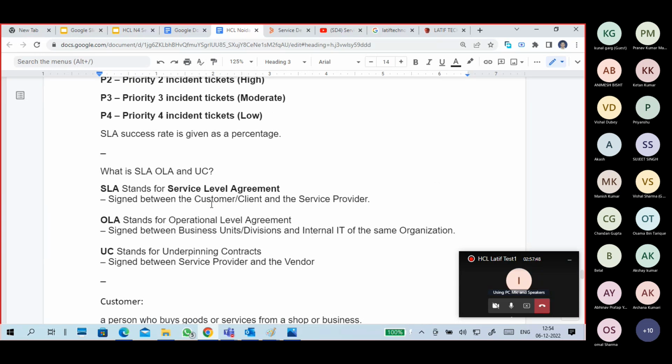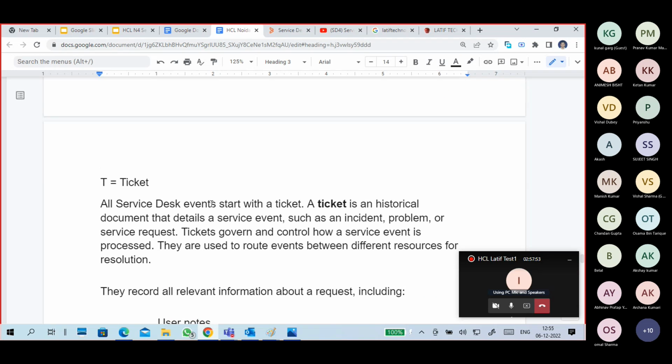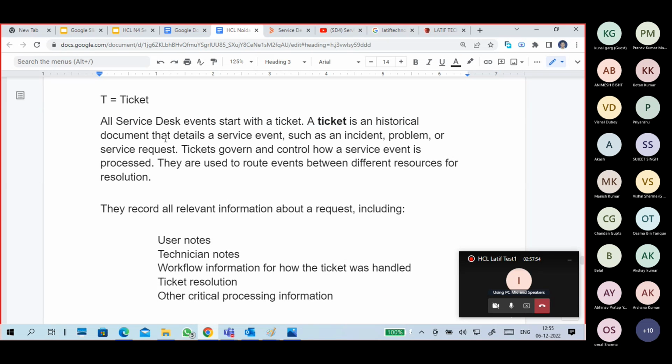The next important point is: what is a ticket? A ticket is a historical document in the service desk. The ticket tells you about a service event.